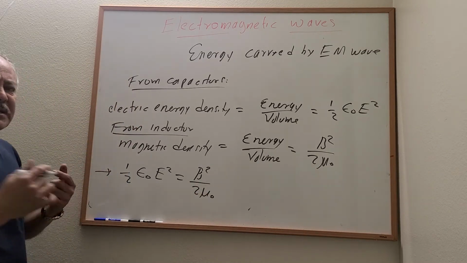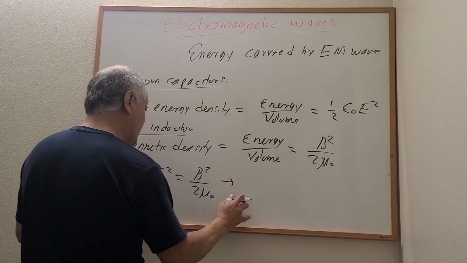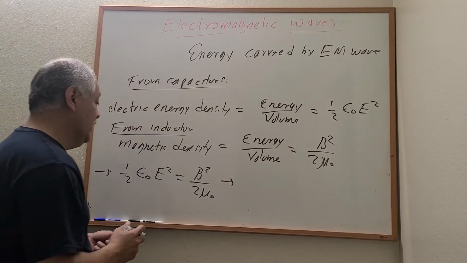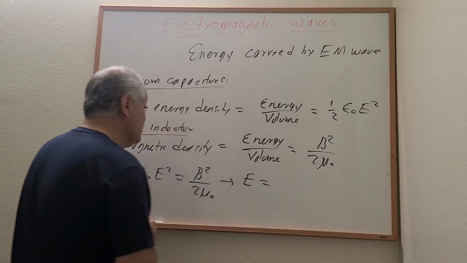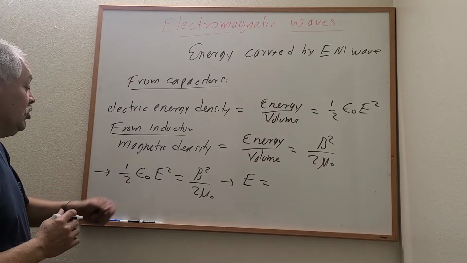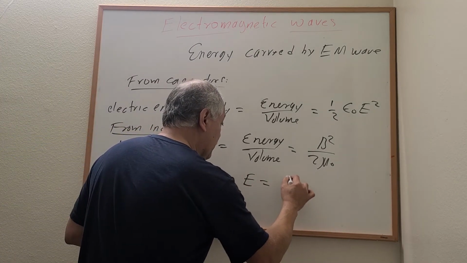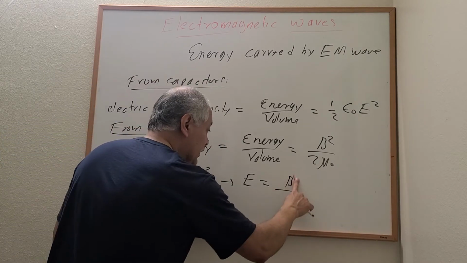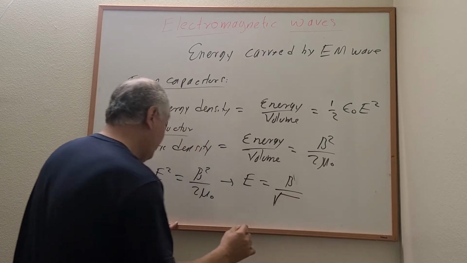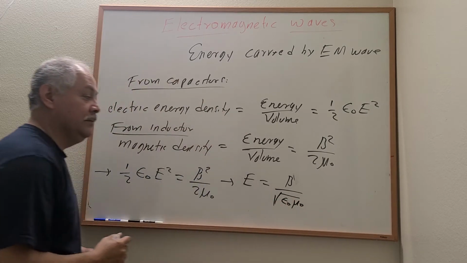Again, this is because energy must be conserved. Now from here, what do we have? We have that the electric field is equal to the magnetic field divided by the square root of epsilon naught mu naught.